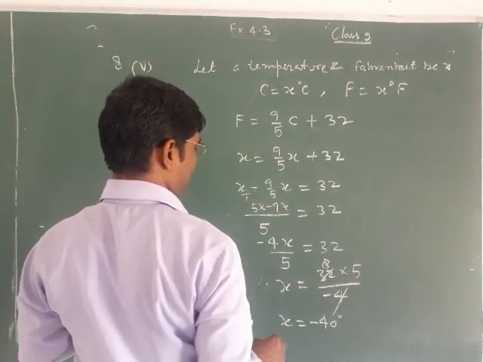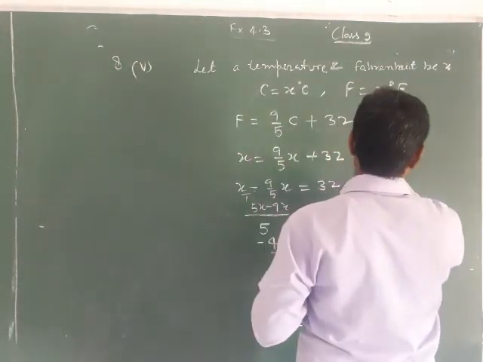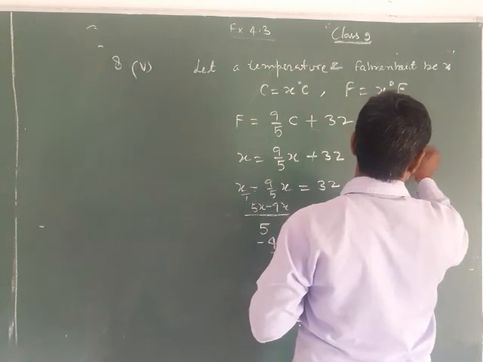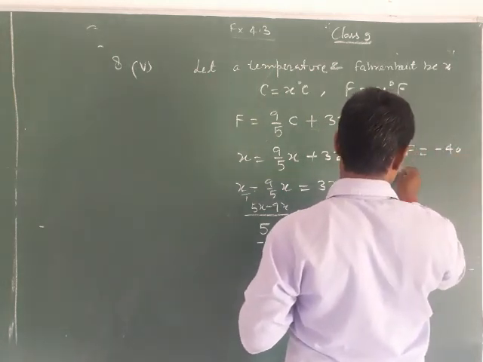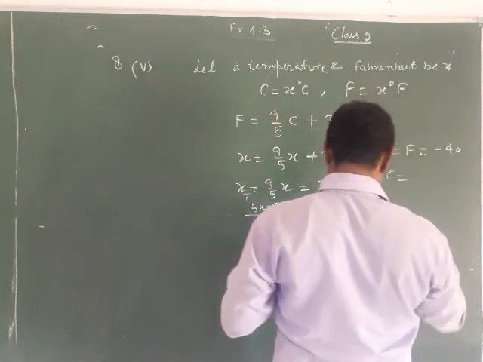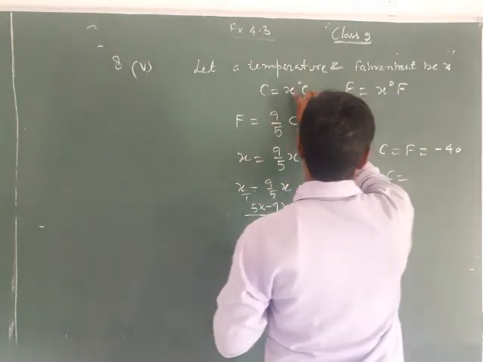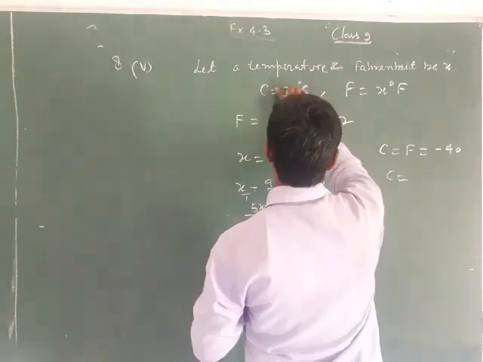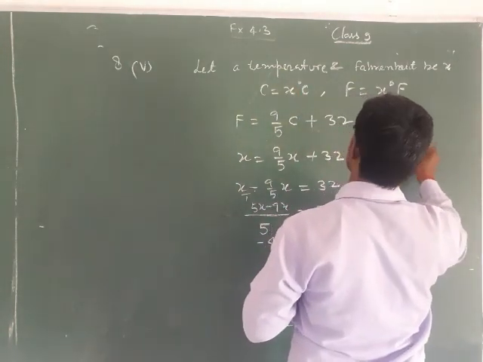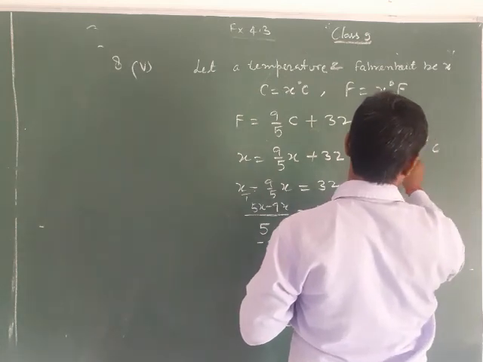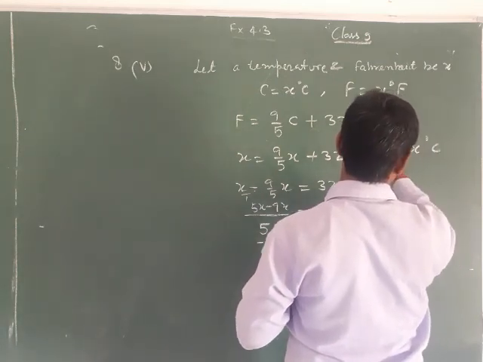So C is equal to F is equal to minus 40 degrees. Put the x value here.